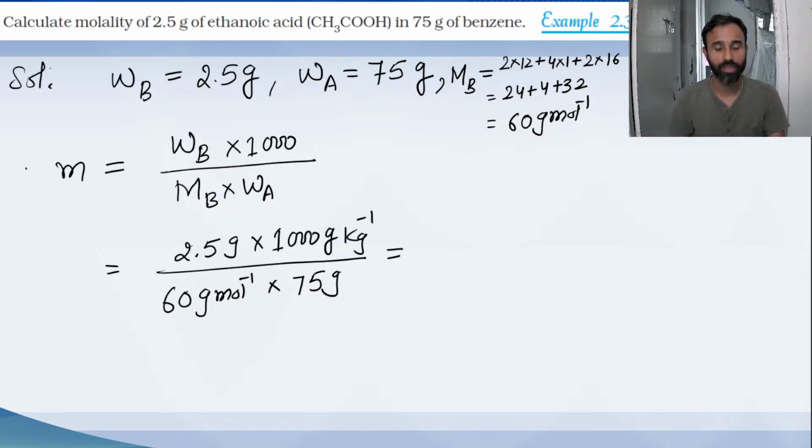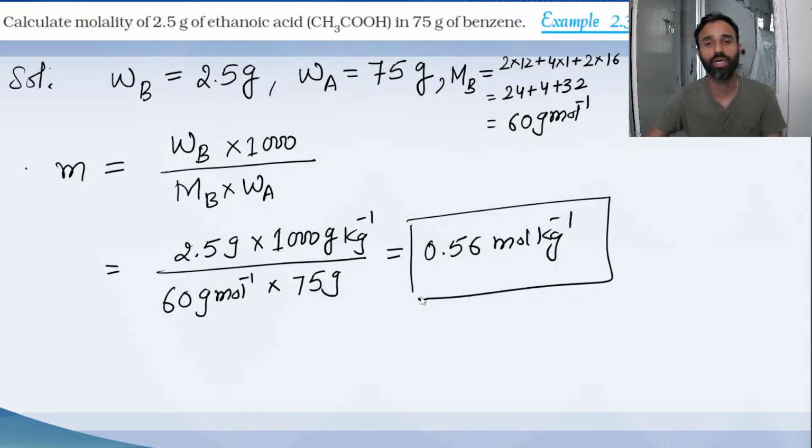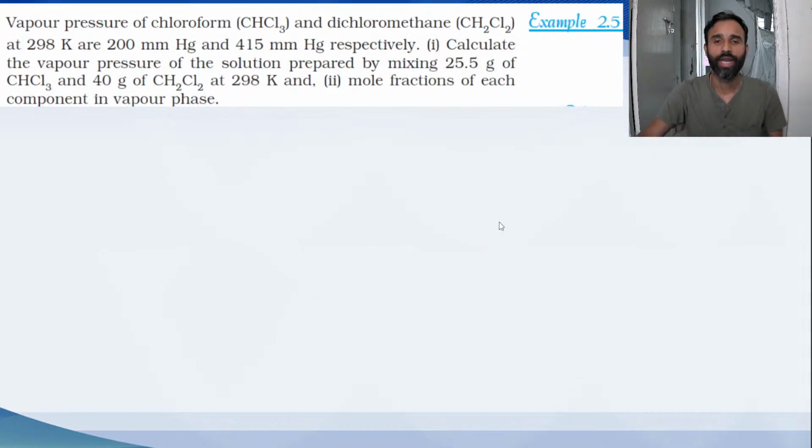So it is 0.56 mole per kg. So molality of the solution comes out to be 0.56 mole per kg, or in three significant figures it is 0.556 mole per kg. It is up to you. Next question.